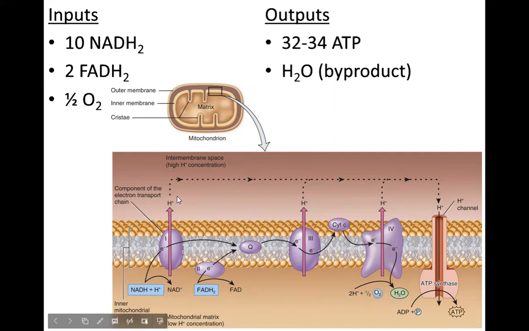What do we know about concentration gradients? The drive is always towards equilibrium, right? Towards balance. We always want this and this to be equal, right? We're constantly making this really, really high in hydrogen ions, and this is not high in hydrogen ions. But we're going to allow for hydrogen ions to come down their gradient using an enzyme.